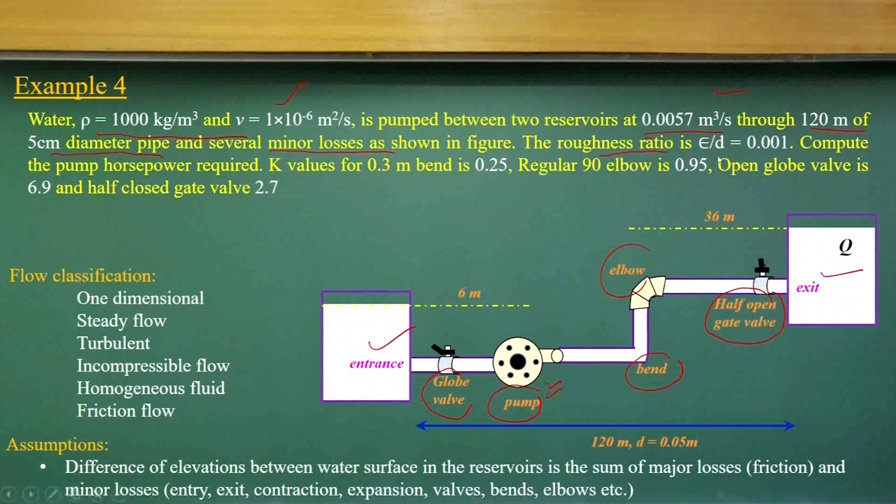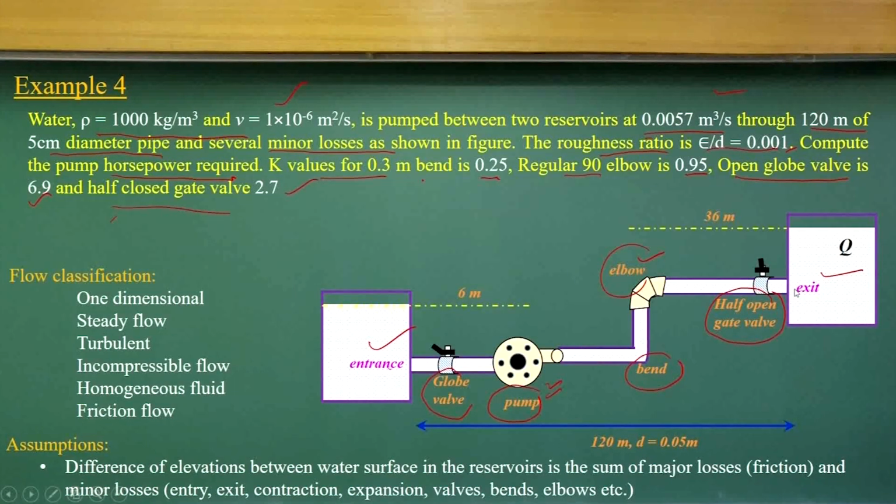If the roughness ratio of this pipe is given, compute the pump horsepower required. The K value given for the bend is 0.25, the regular 90-degree elbow is 0.95, the open globe valve is 6.9, and the half closed gate valve is 2.7.